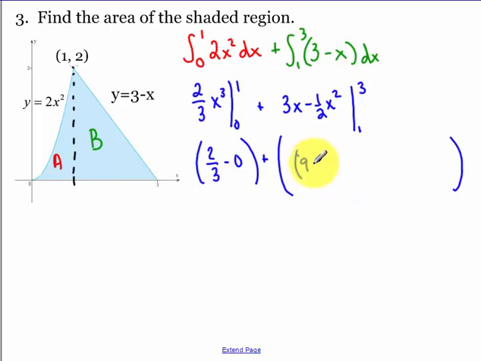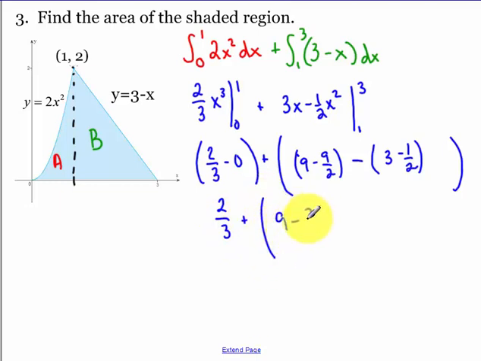9 minus 9/2 minus, when I plug in 1, we get 3 minus 1/2. I don't like working with fractions, so I'm going to hope that some of the numbers in here kind of simplify. So I have 2/3 plus 9 minus 3.